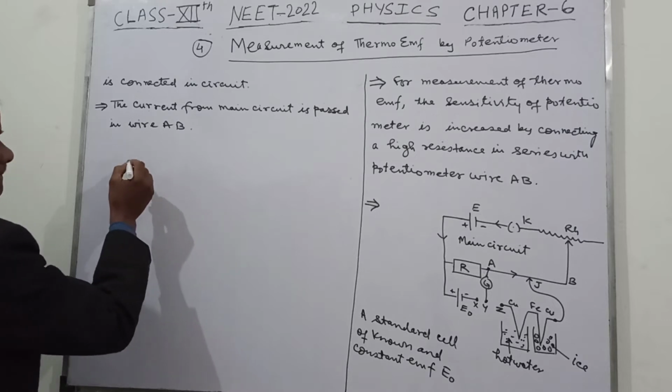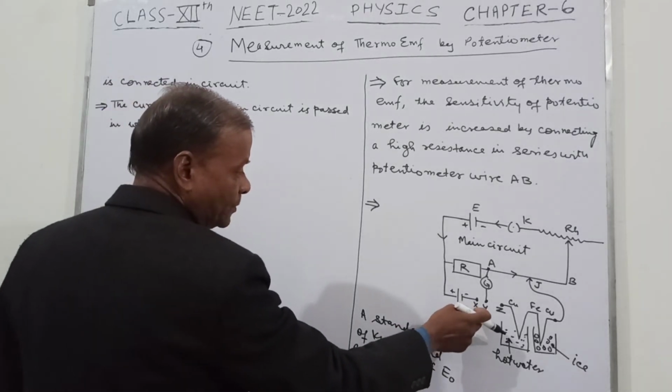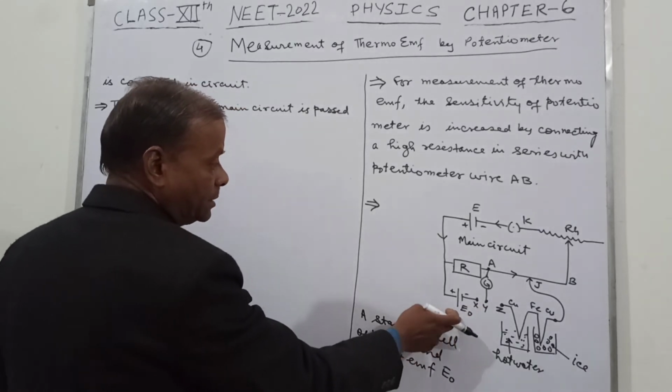Now first we connect XY so that this cell is in the circuit.